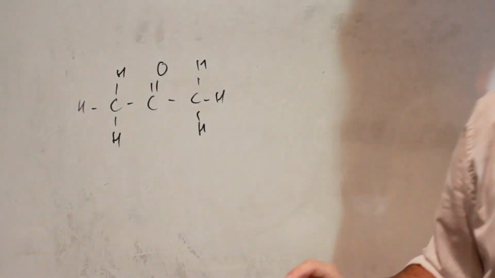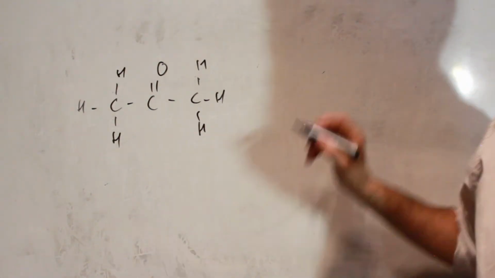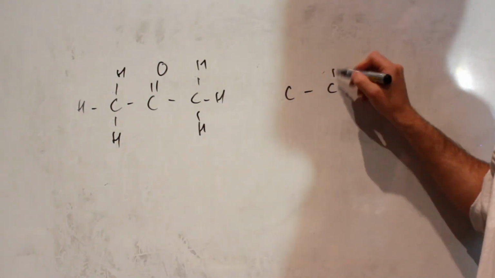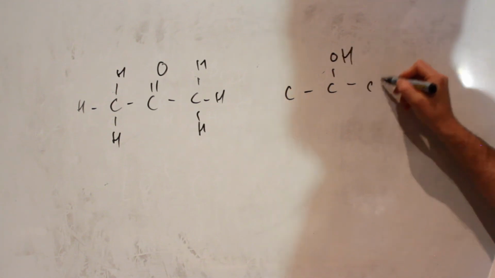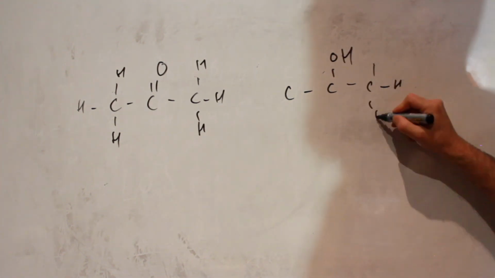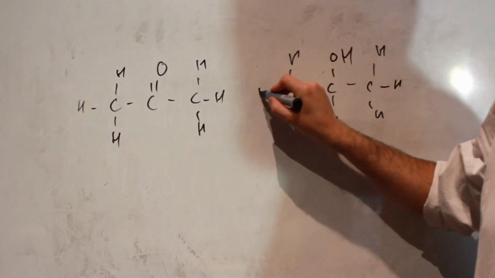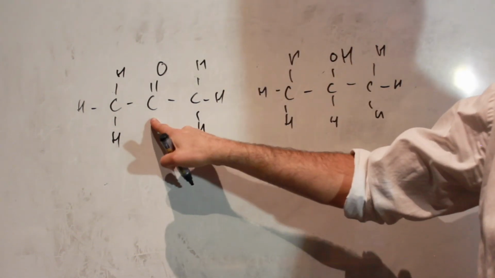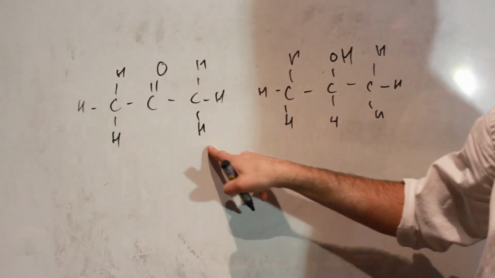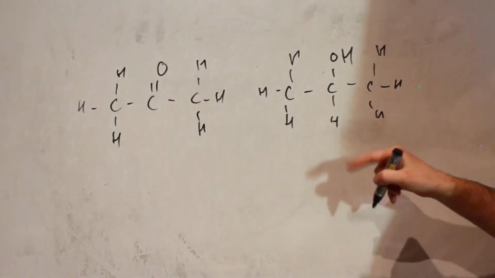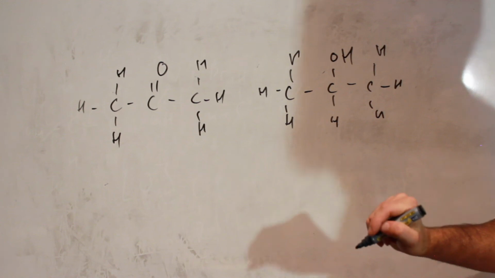And then we reduce that to an alcohol, which looks like this. And then add all of our hydrogens in, and straight away we can see that we have added hydrogen. We got 3, 6 hydrogens over there. We got 3, 6, 7, 8 hydrogens on that side.